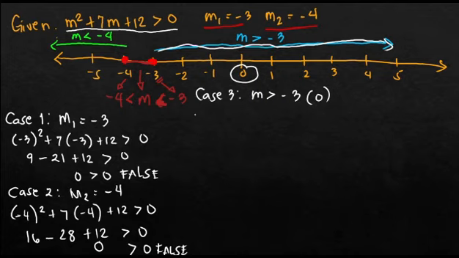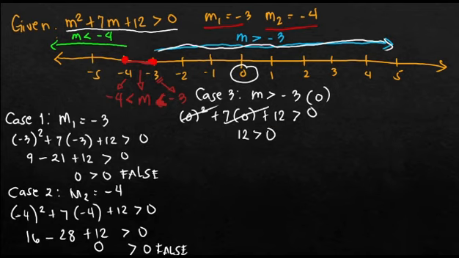So, substitute 0 squared plus 7 times 0 plus 12 greater than 0. So, ito ay 0 na. Ang matitira na lang is 12 greater than 0. Is it 12 greater than 0? Okay, correct. So, this is true. 12 is greater than 0. So, mamaya lahat ng makukuha nating true, yun yung kukunin natin sa solution set.